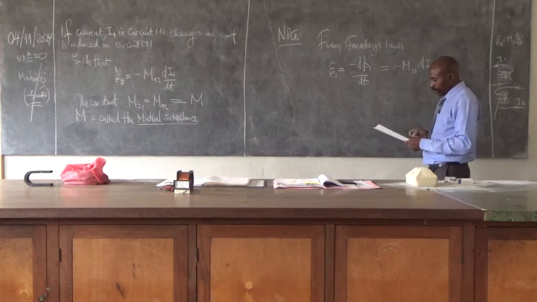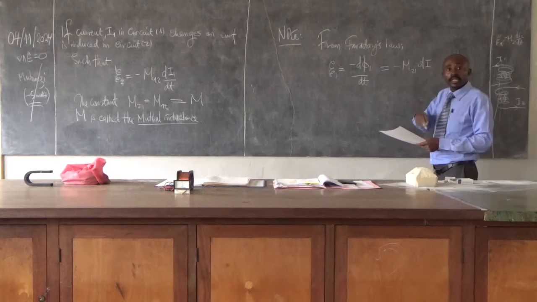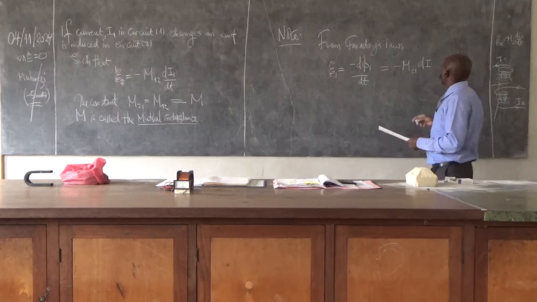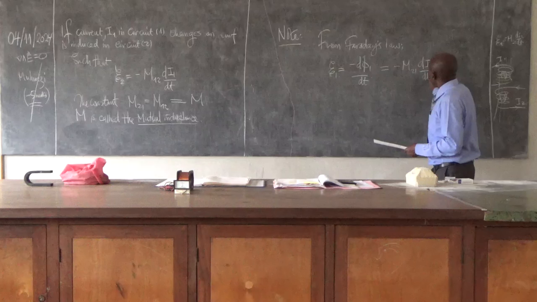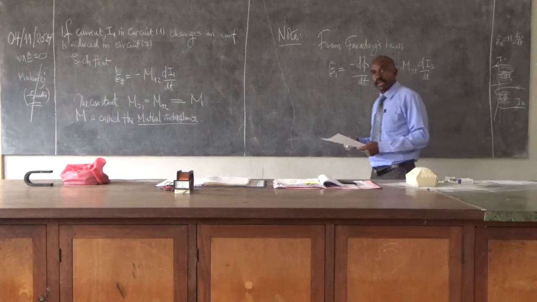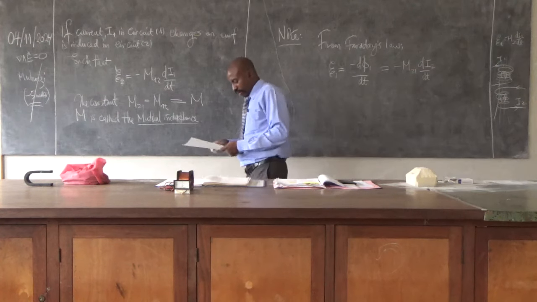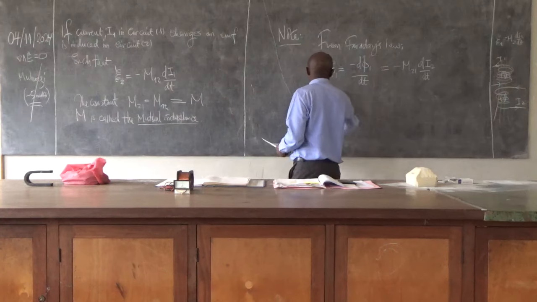So we would have phi 1 because it's the field in coil 1, but this was coming from the second circuit.